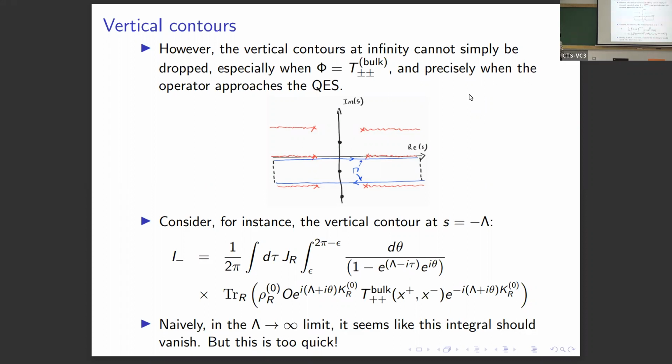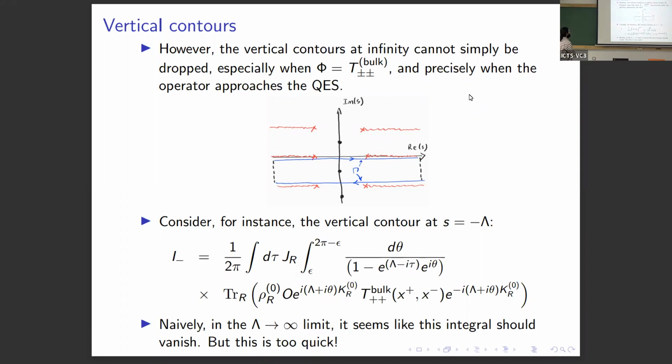But it turns out that when the 1-point function you're trying to evaluate is the bulk stress tensor, this is too quick. It's too quick because the same lambda, the value of the real modular flow that you're doing, also appears here as a boost. So there's an e to the i lambda k sitting around the stress tensor that is boosting this bulk stress tensor away to infinity.